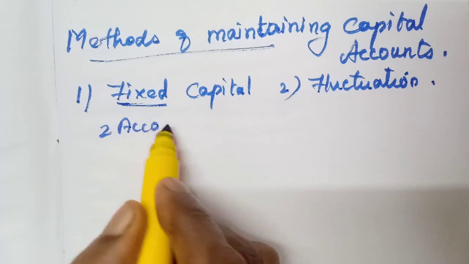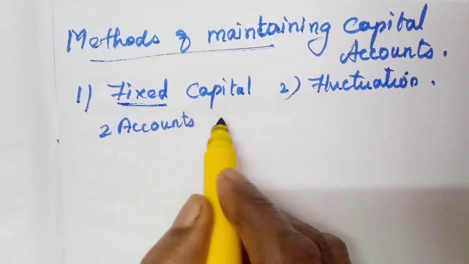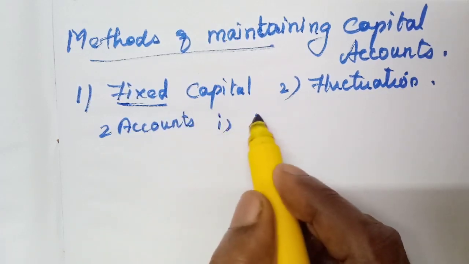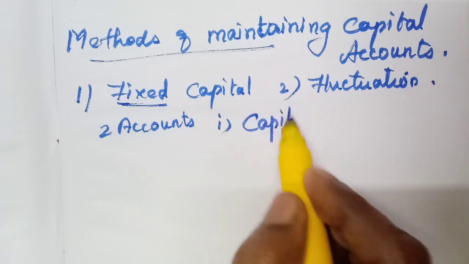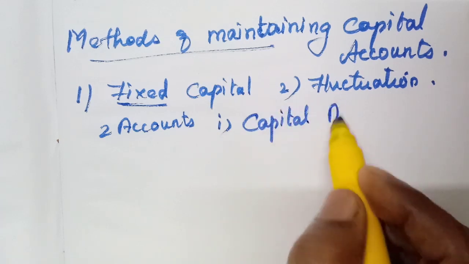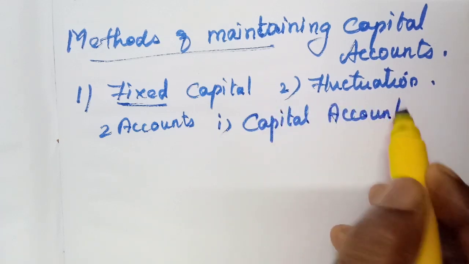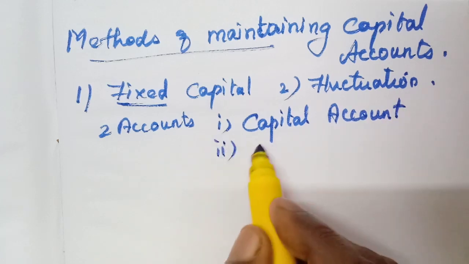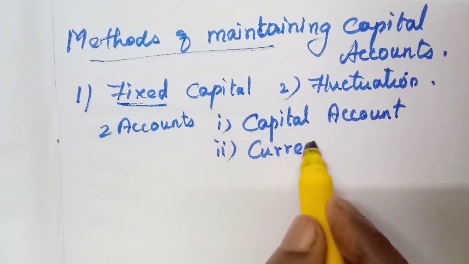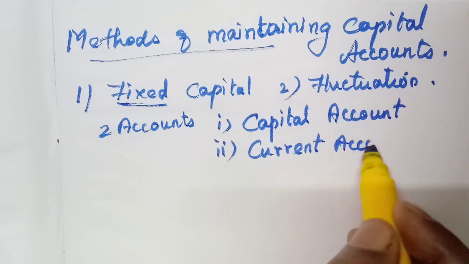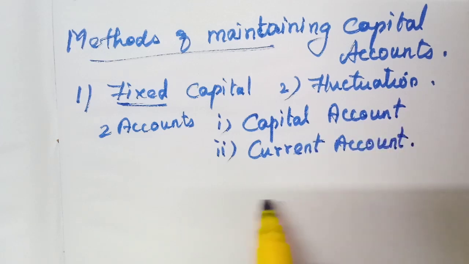One is the partners' capital account. The other one is the current account. Very simple if you understand. Easily you can do the problem.